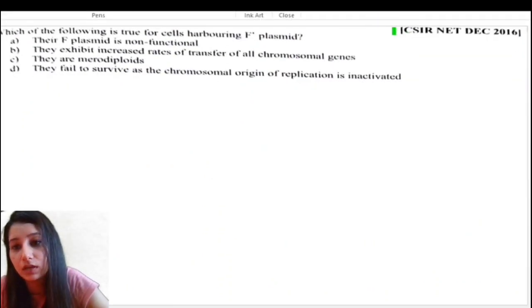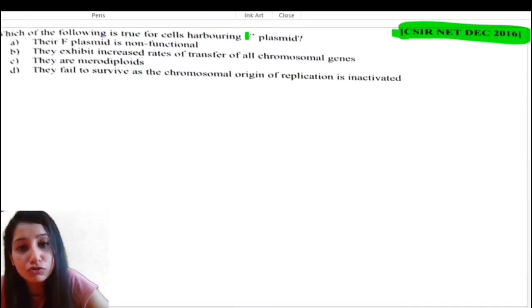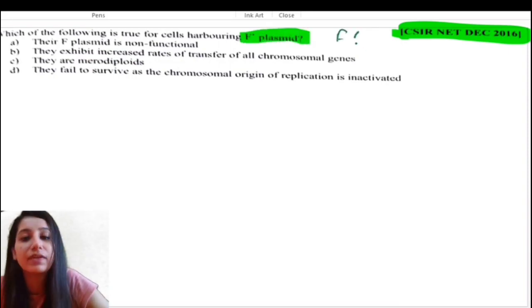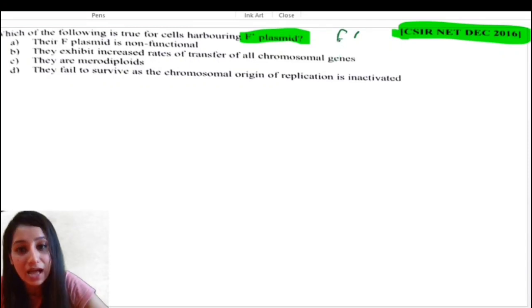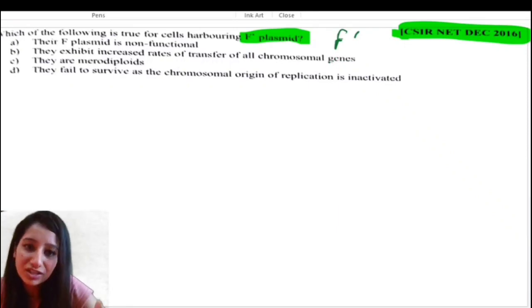Now let's see the next question. The next question is from December 2016. It is also a CSIR NET question. The question is asking which of the following is true for the F prime plasmid? We have seen what an F prime plasmid is. It is a plasmid that contains the total F factor and just a little amount of chromosomal genes.